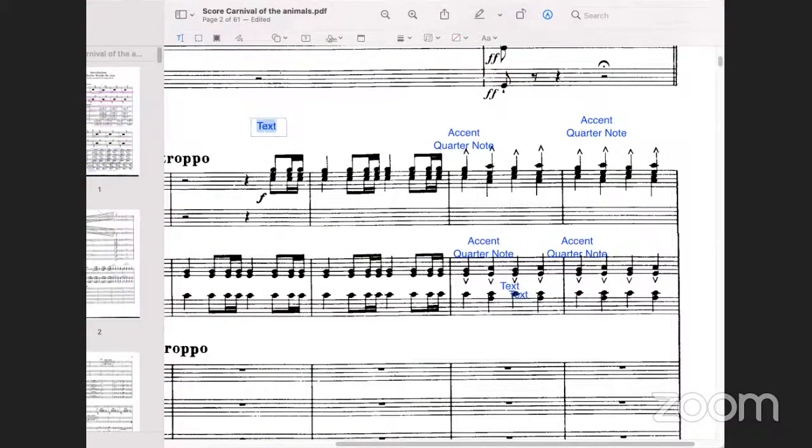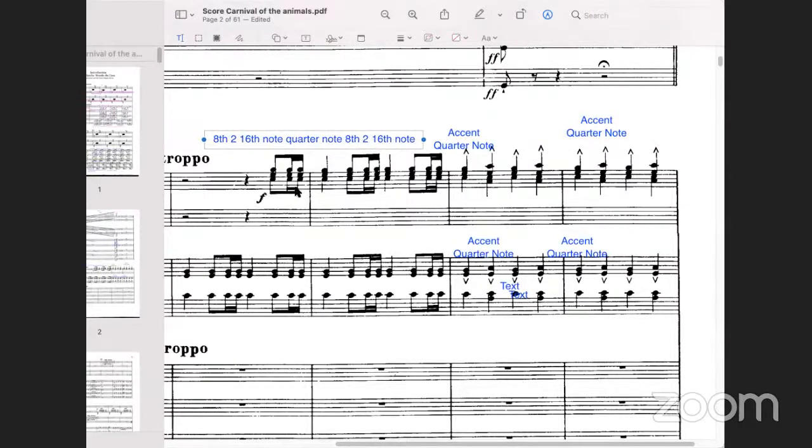So write eighth note, 2/16 note, quarter note, eighth note, 2/16 note, and go again.